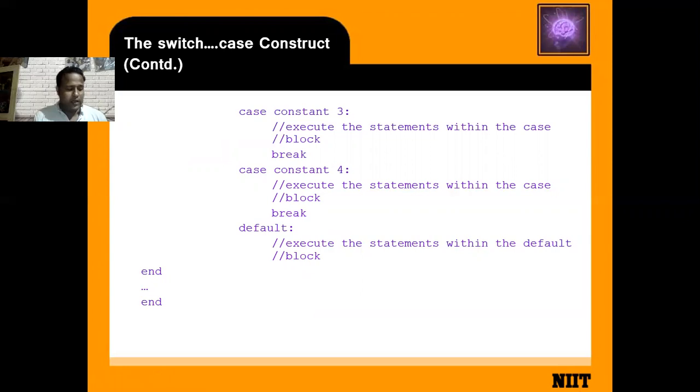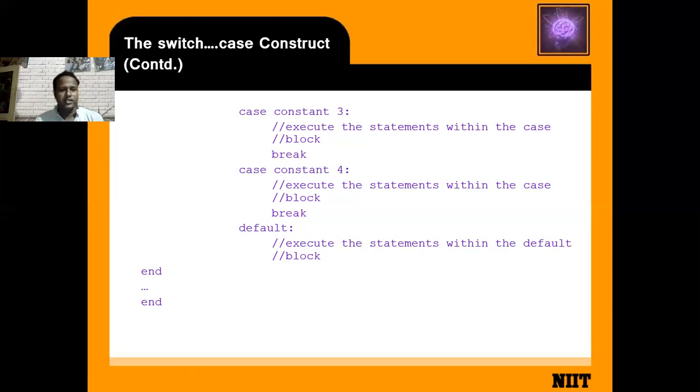Today we have covered the if else part, the conditional construct of the pseudocode, and we learned some exercises, if and else, then switch case, where you have to take a value and check with the multiple list, and if your value is matched, then the particular case statement is executed.